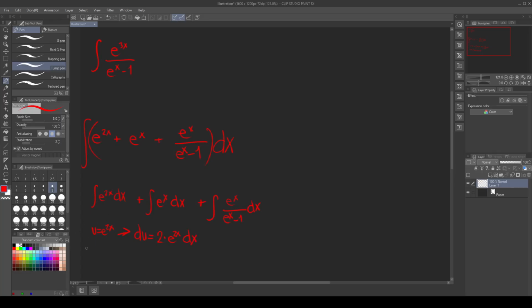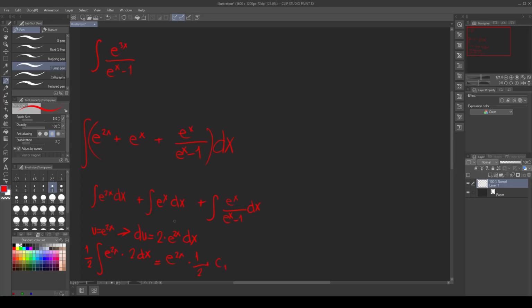So that's going to give us, let's just neutralize this with a 1/2, 1/2 multiplied by the integral of e to the 2x multiplied by 2 dx, which just gives us e to the 2x multiplied by 1/2, and of course its own constant.